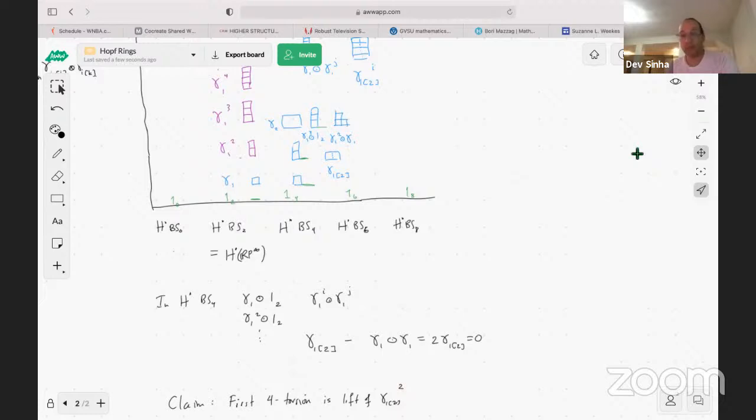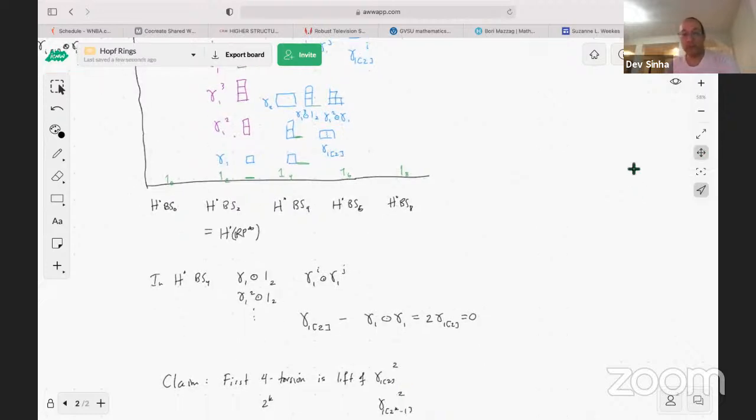And more generally, the first 2 to the k torsion is gamma 1 divided power 2 to the k minus 1, squared, for standard reasons that you need even dimensions for things to lift to integer classes. So these are some claims that I'd like to prove in due course, but right now let's get back to the questions of additive bases and multiplication rules.